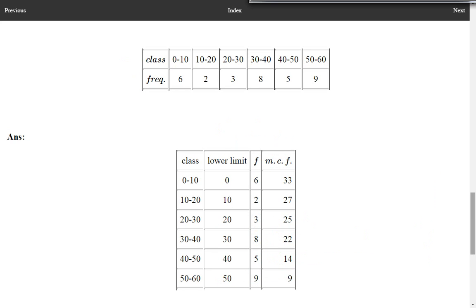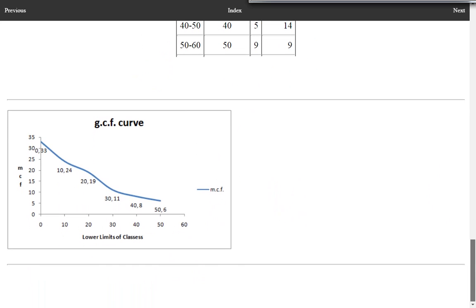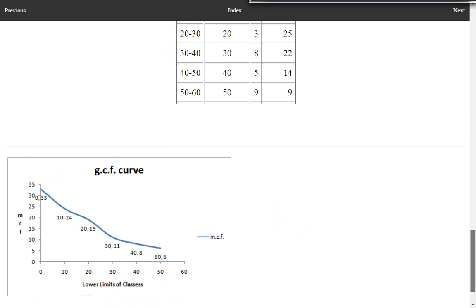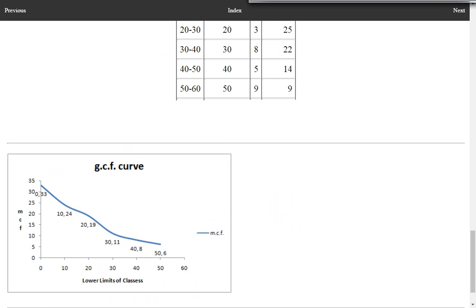Now let us see the graph of the GCF curve. For the GCF curve, lower limits of classes are plotted on the x-axis, and more than cumulative frequencies are plotted on the y-axis.